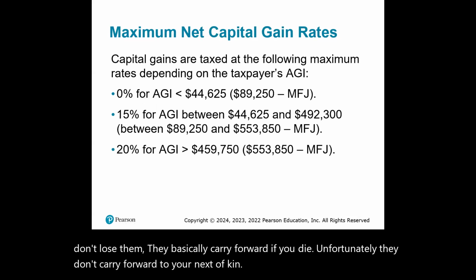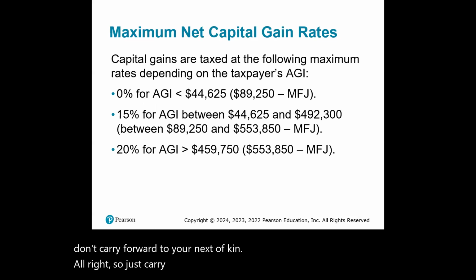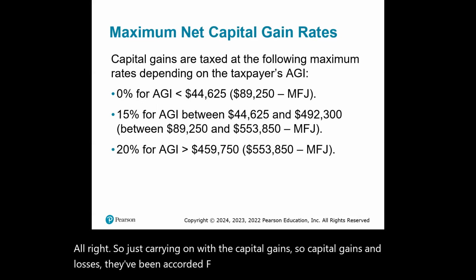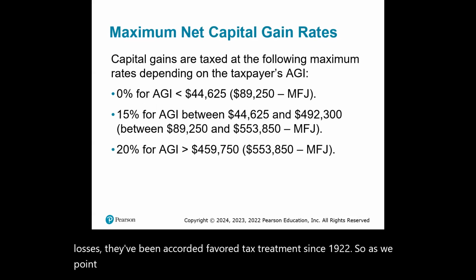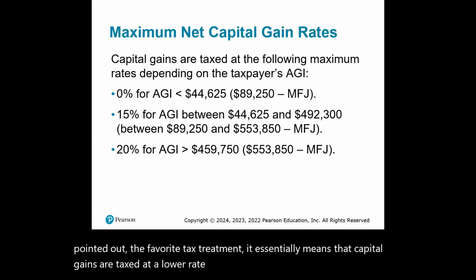All right, so just carrying on with the capital gains. Capital gains and losses have been accorded favored tax treatment since 1922. As we pointed out, favored tax treatment essentially means that capital gains are taxed at a lower rate than ordinary income.